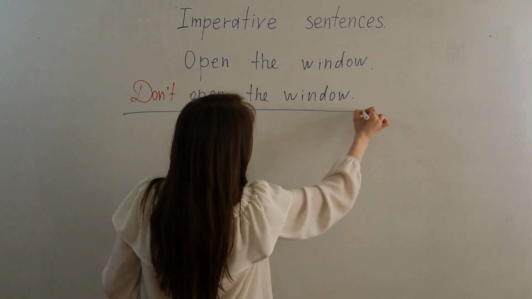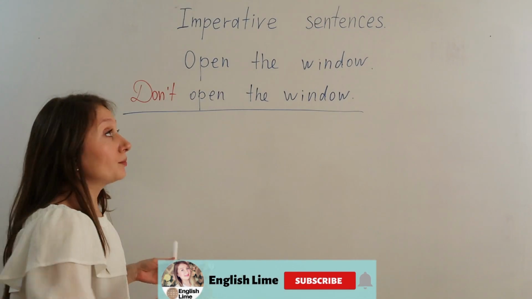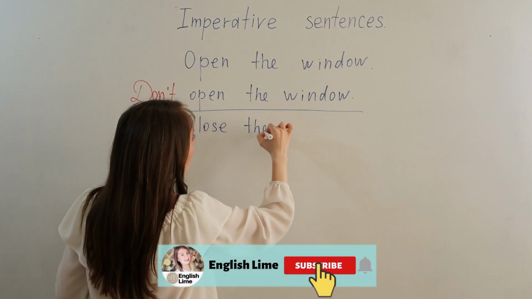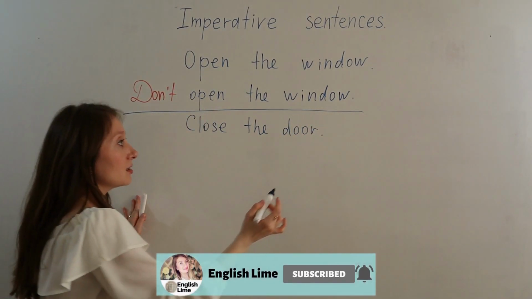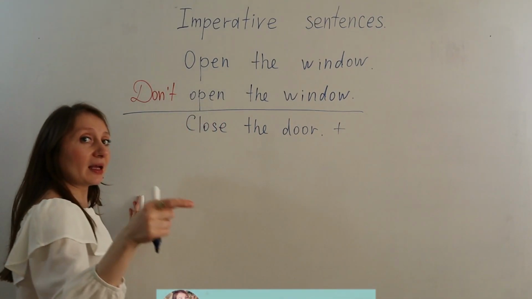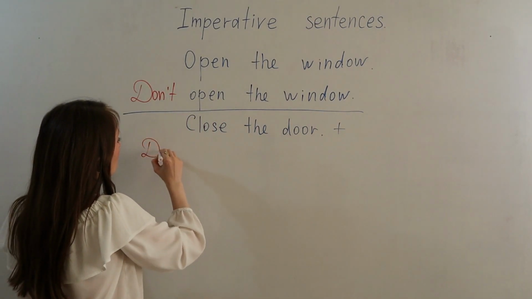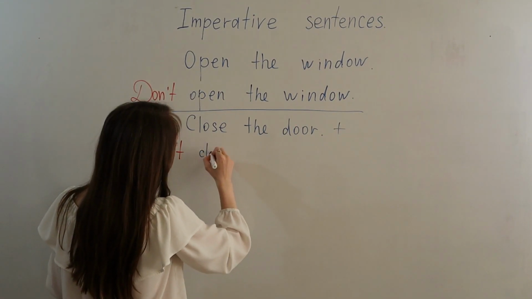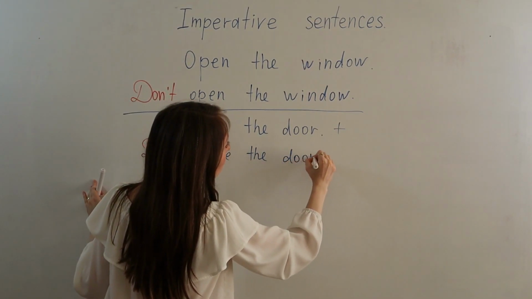So, for example, one more example. Close the door. This is positive sentence. Now let's make negative one. So we again add don't. Don't close the door.